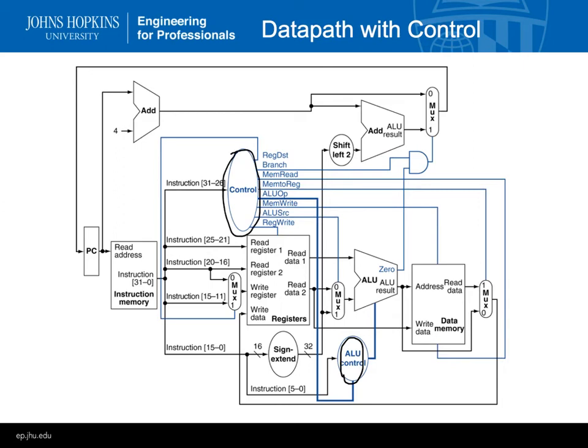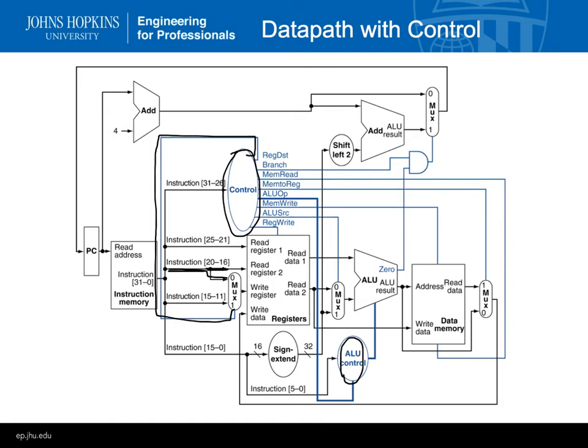This one here is going to say, which one of these two registers do I write to? If I'm doing a load, I'm going to write to this register in this part of the instruction.